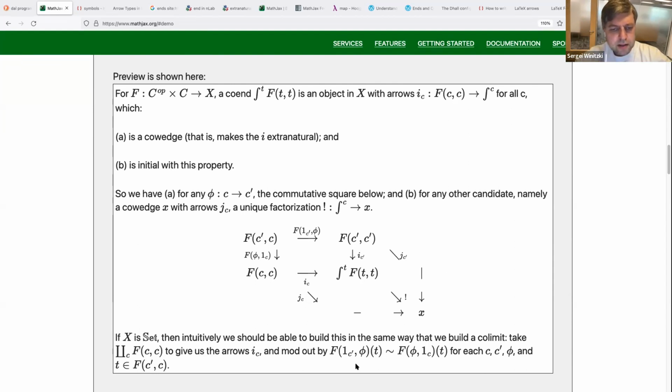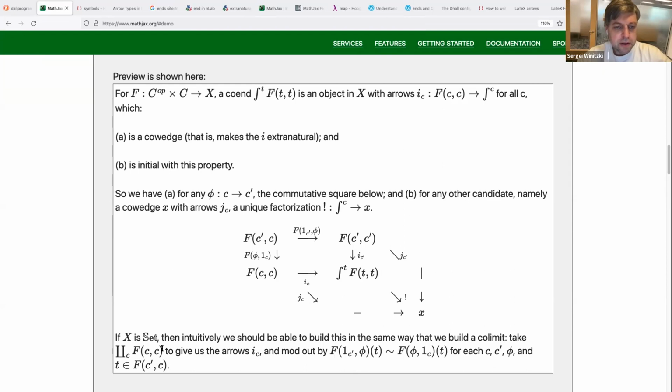Wait, what exactly is the same and how do you mod out? When you say I have a coproduct over FCC, the arrows I see are just injections into the coproduct. So you're saying that in this coproduct, some of the parts are forced to be identical.